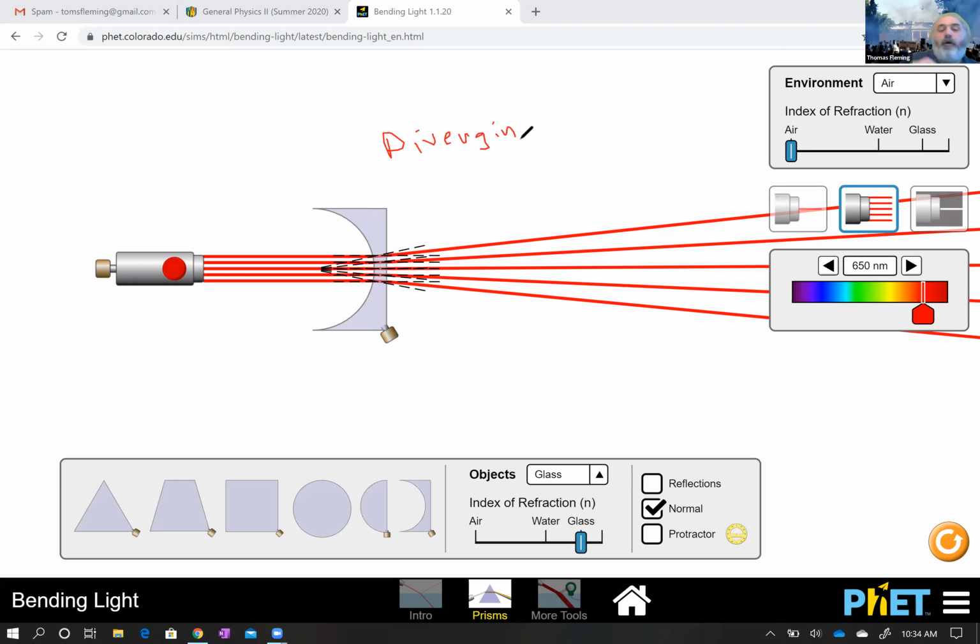Because now the beams of light end up refracting one direction on the inner edge. They refract a different direction on the outer edge. And when they come out the other side, my beams of light are all diverging, right? They're getting further apart rather than closer together.